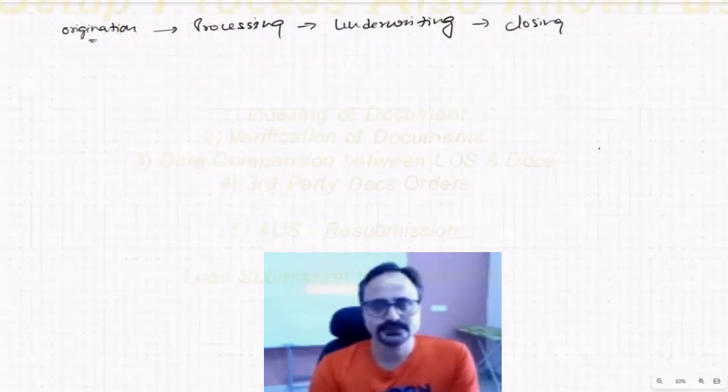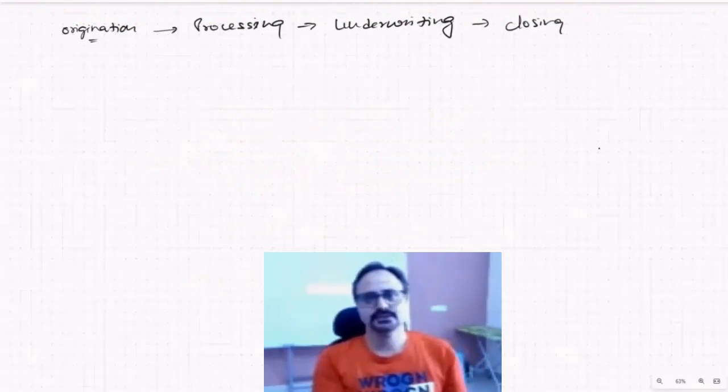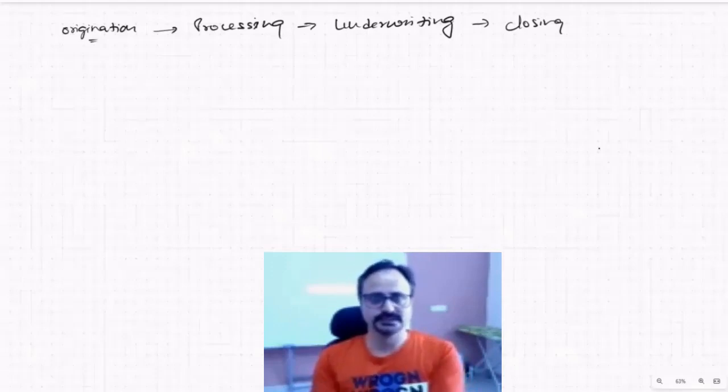Plus, they also compare the data between the documents and the loan origination system, LOS. Whatever information was submitted at the time of origination and updated in the LOS, they check whether that is the same or whether the documents are showing something different, because it's possible.